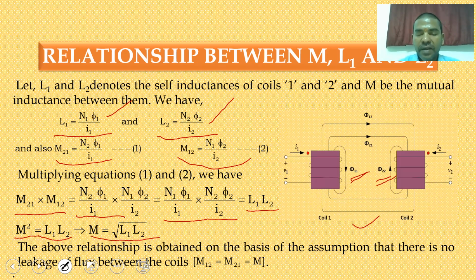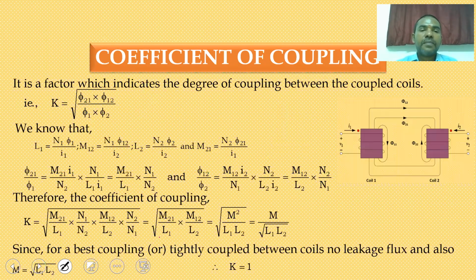Now coming to the coefficient of coupling. The coefficient of coupling is most important for all transformers or any mutually coupled circuits, because it gives the degree of coupling.